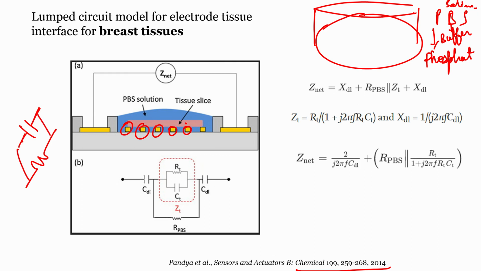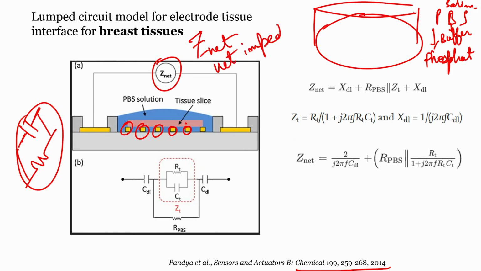A similar thing we will take forward from there, like how this particular combination along with tissue can be used to develop an expression for the net impedance. Z net here is the net impedance of tissue and electrode.